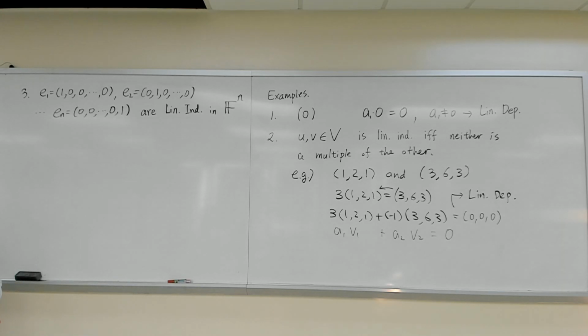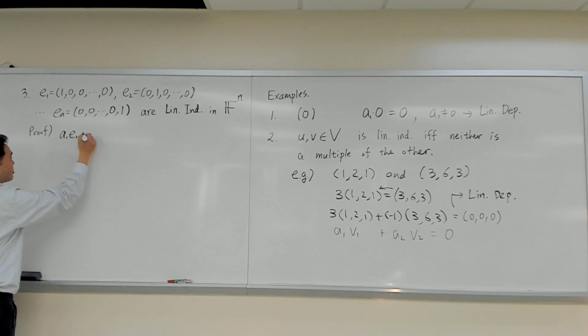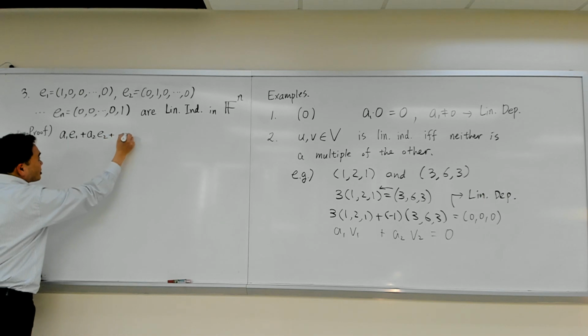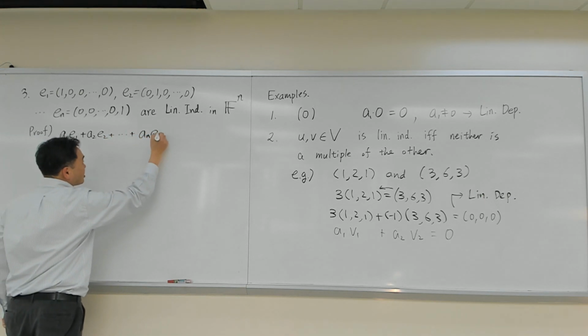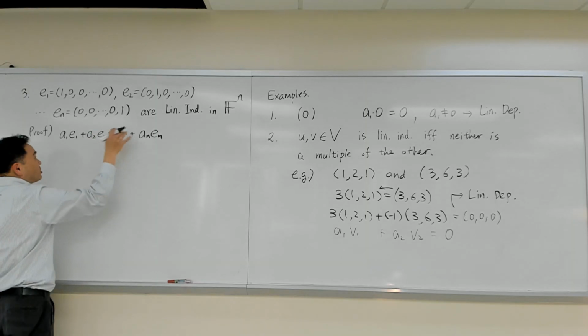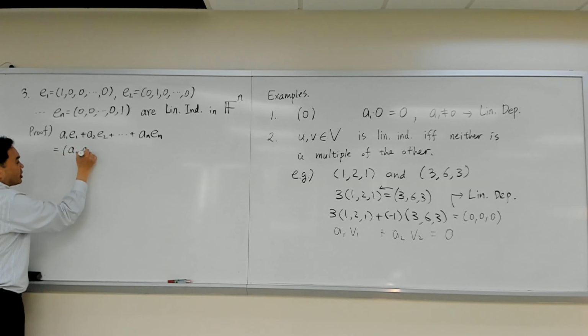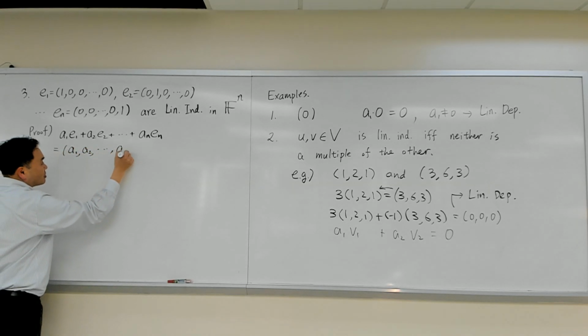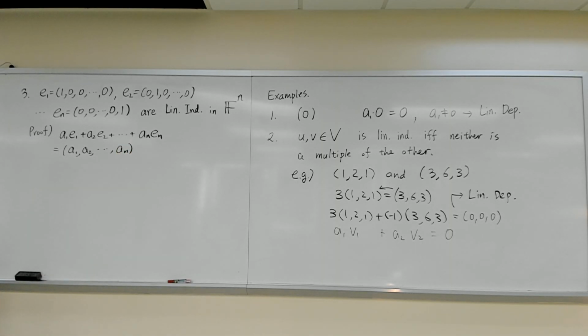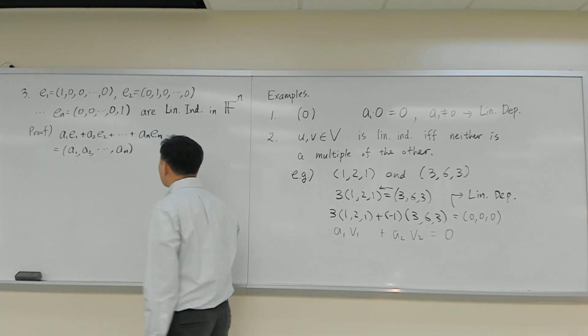Now, why is that? It's not hard to see. You just multiply a1 times e1, a2 times e2, ..., an times en, and you stick these in and do the actual calculation. You see that this thing becomes (a1, a2, ..., an).